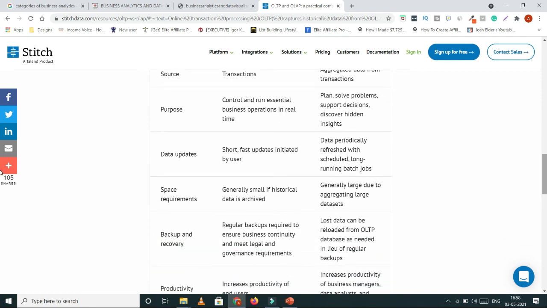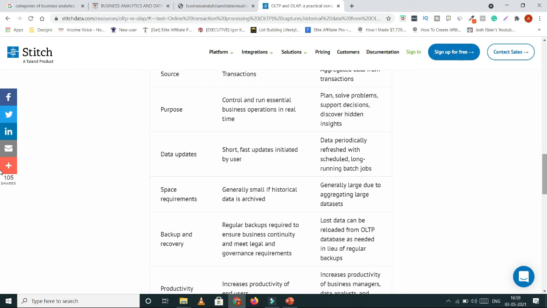The purpose of OLTP is to control and run essential business operations in real time. OLAP's purpose is to plan, solve problems, support decisions, and discover hidden insights. In OLTP, short fast updates are initiated by users, whereas OLAP data is periodically refreshed with scheduled, long-running batch jobs.